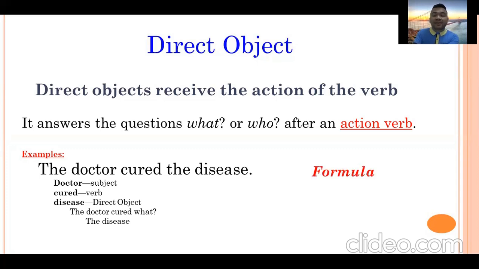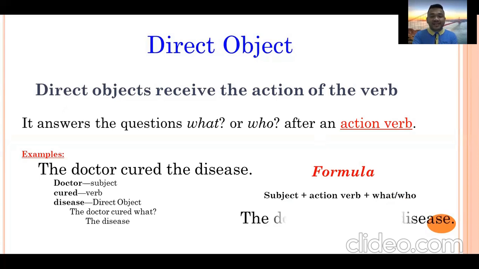Here is the formula on how to identify a direct object in a particular sentence: subject, plus action verb, plus what or who.